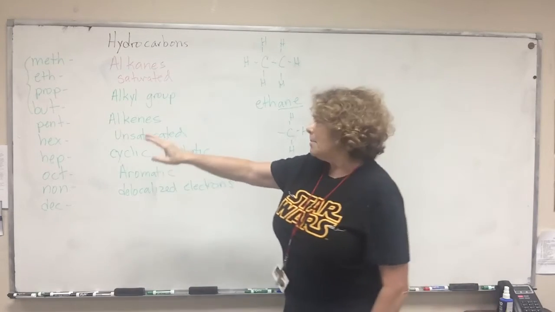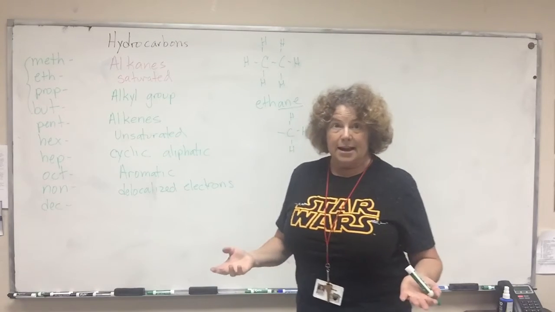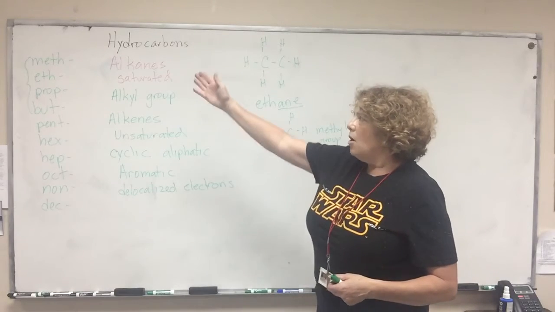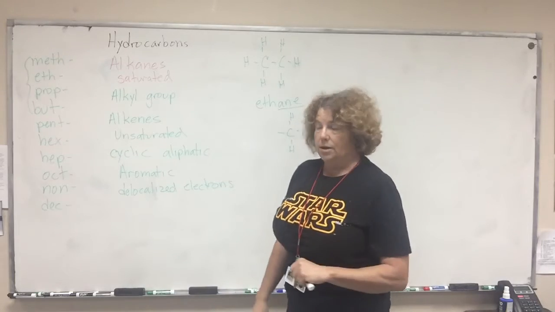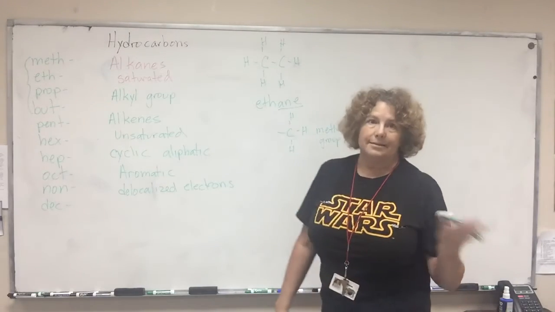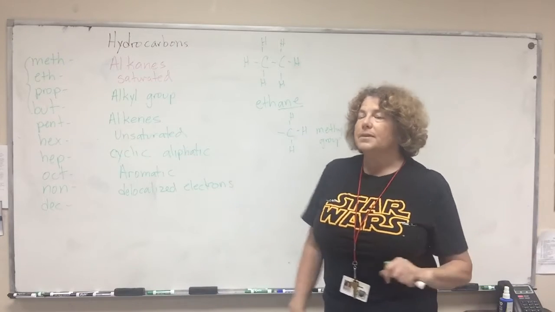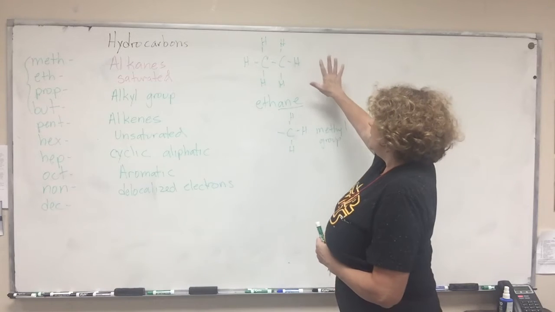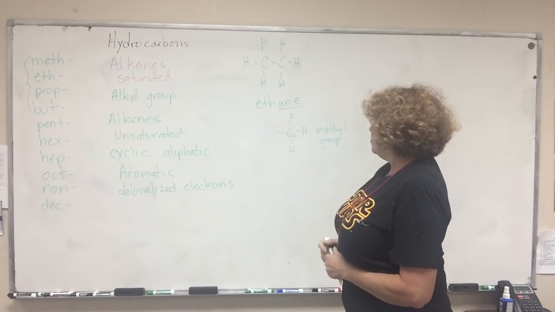Same thing would be pentane, hexane, heptane, octane. You've heard of octane, right? That's in your gasoline. So these are all your prefixes. You should have them memorized at some point in your life. Obviously, in this class you don't need to, but you would have if we had been able to have a test. So anyway, that's everything about ethanes, and this would be a methyl group.